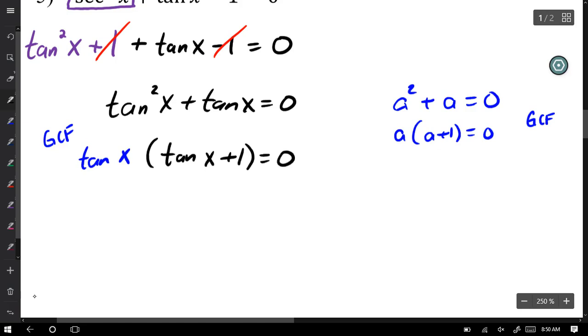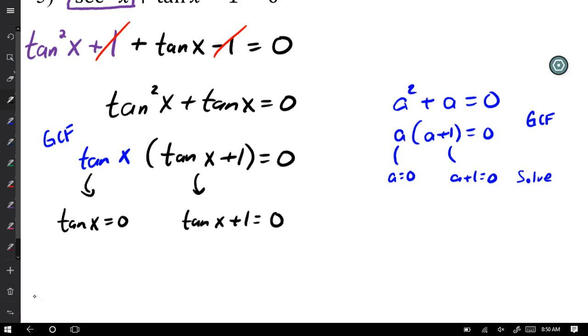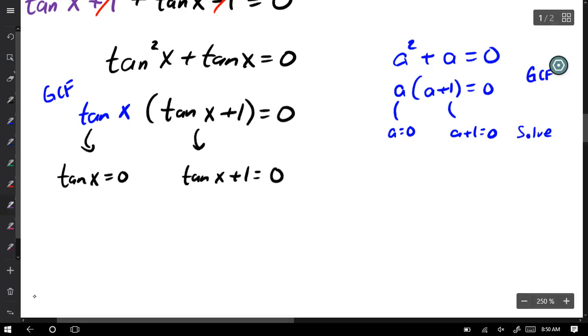Now for solving, and we'll go back over to the a squared plus a, we always set each factor to 0. So a equals 0, and we set a plus 1 equals 0, and that would allow us to solve. And you do the same thing with the trig ratios. We set tangent of x equal to 0, and we set tangent of x plus 1 equal to 0, and we solve. So I can go to my trig chart and look at where tangent of x equals 0.